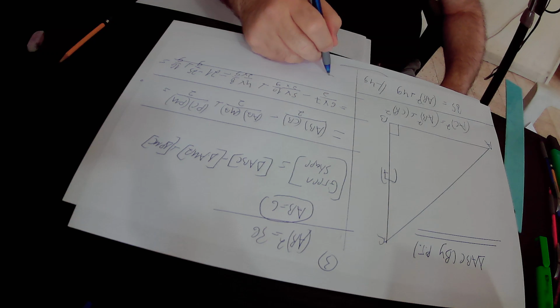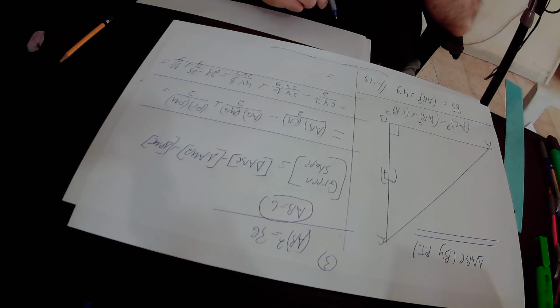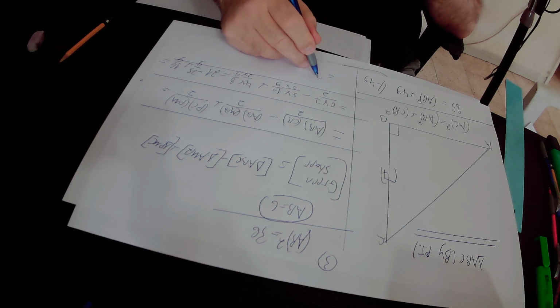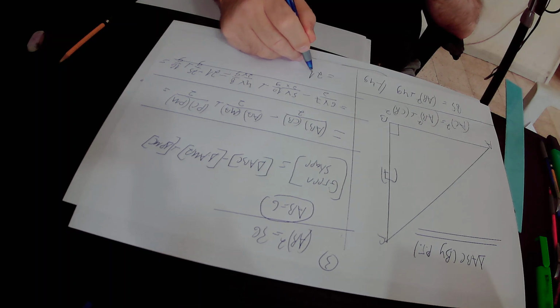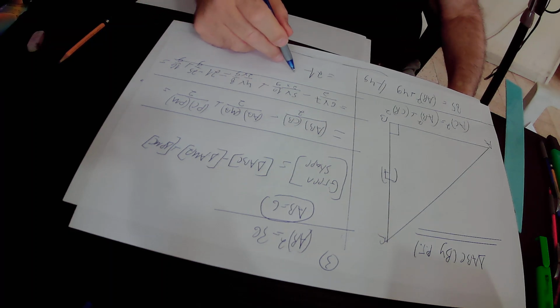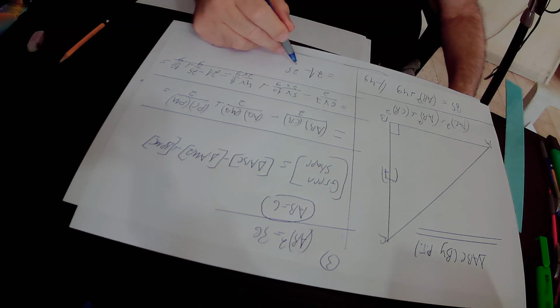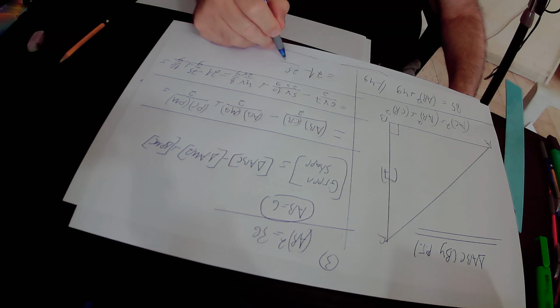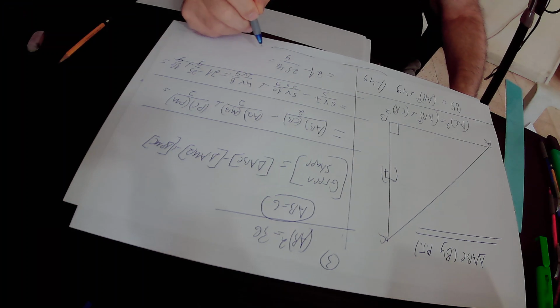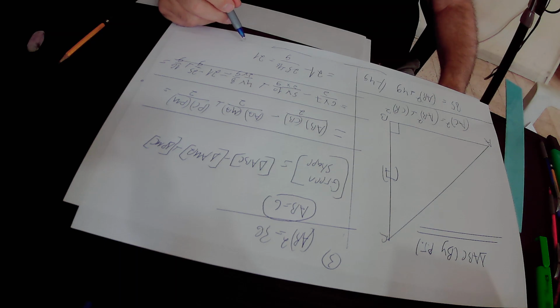So in total, we found out that the area of the green shape equals 21, that is the area of the big right triangle ABC. Here we have minus 25 over 9 plus 16 over 9. So here we have 21, and minus 25 plus 16 is minus 9.